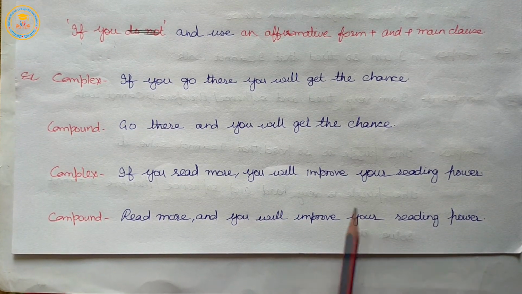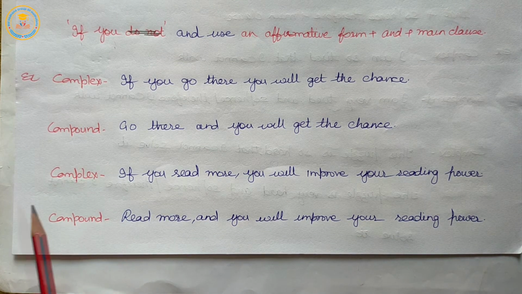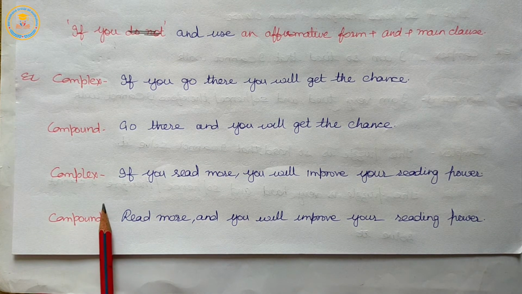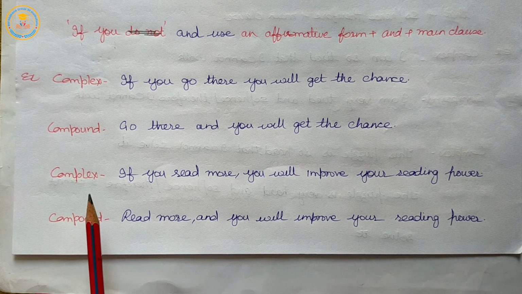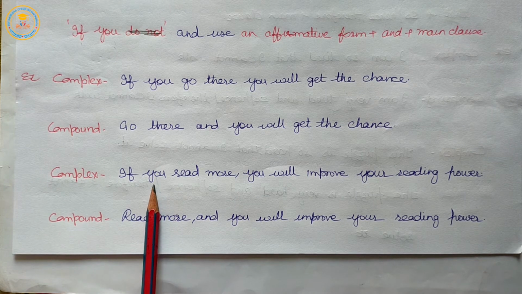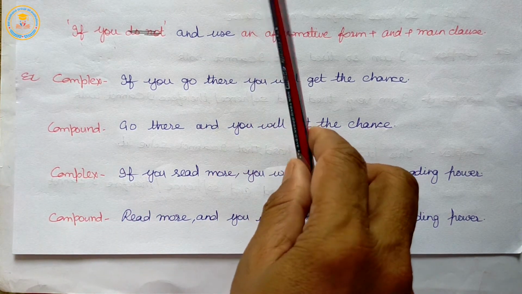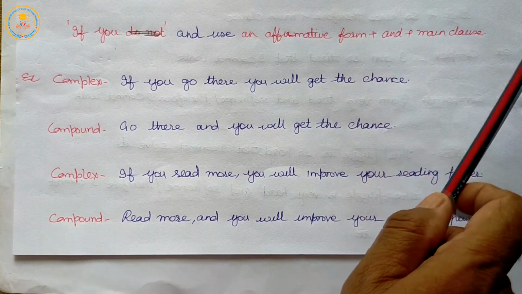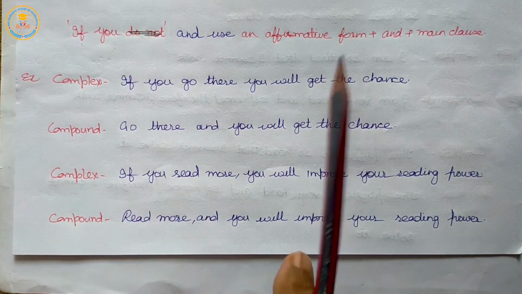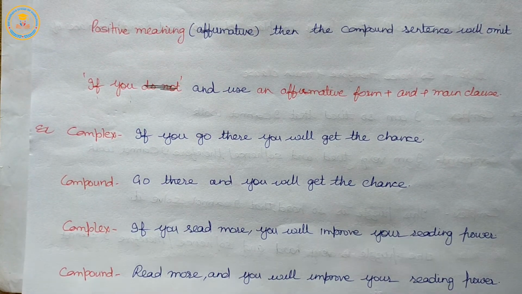So there is a little bit of difference related to the positive and negative meaning of the sentences containing rules 8 and 9. In the eighth rule, if plus second person plus negative meaning. In the ninth rule, if plus second person plus positive meaning.